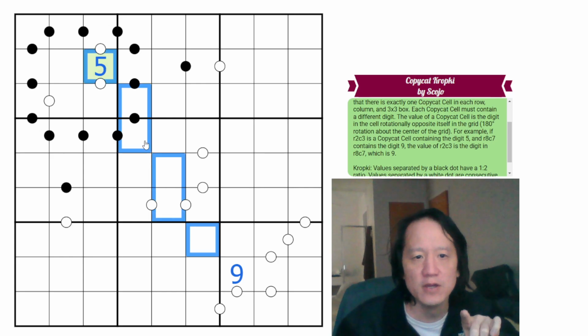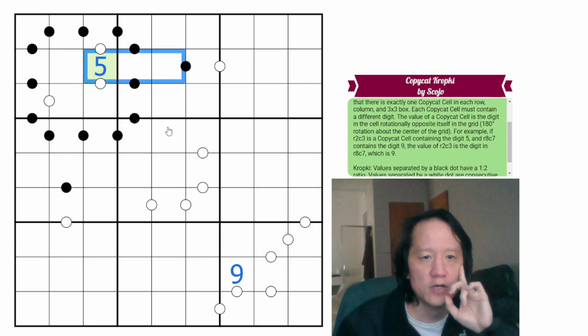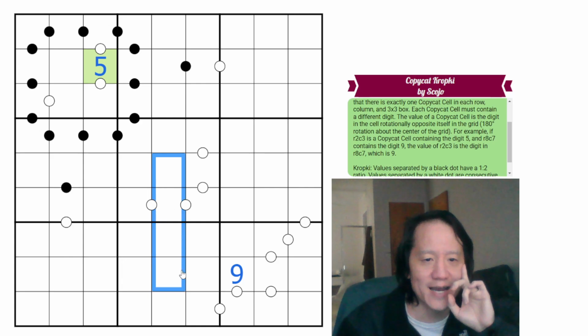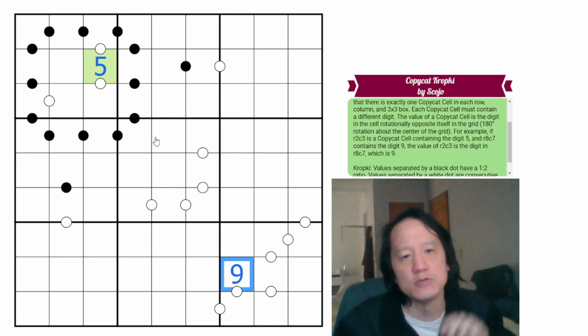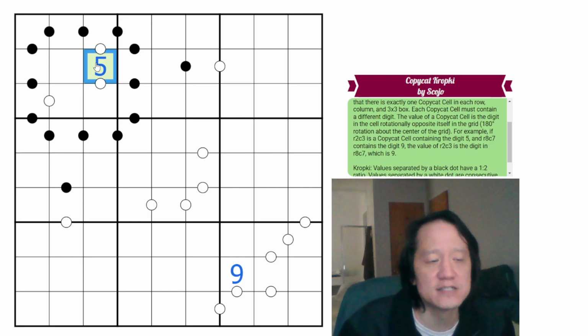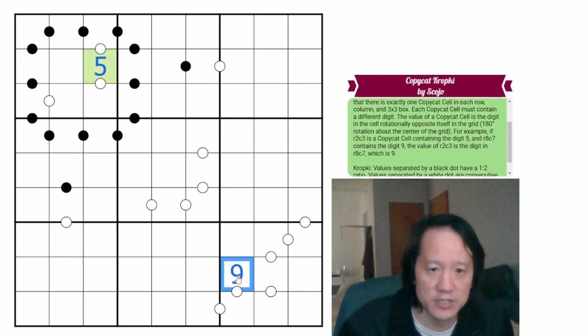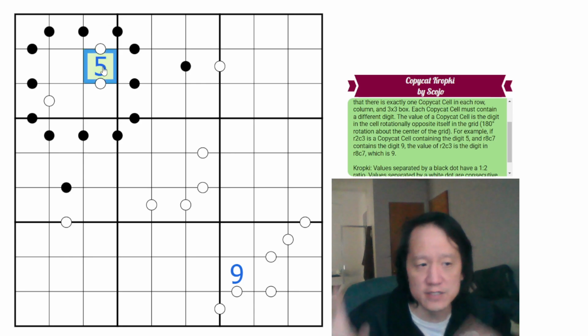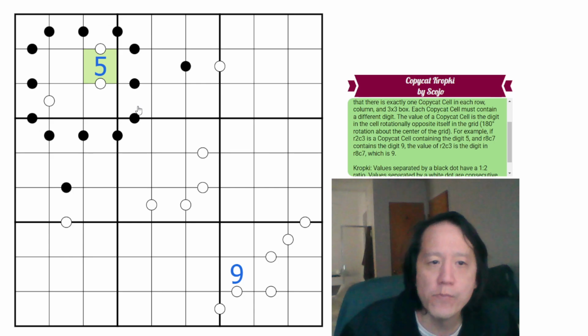As you can see, if you go from the center, it's 3 up and 2 to the left for row 2, column 3. Therefore, its rotational opposite is 3 down and 2 right. If it's the copycat cell, its value is the one that's rotationally opposite it. So in this case, since row 2, column 3 is the copycat cell, its value is 9, because it's whatever the digit is rotationally opposite it.